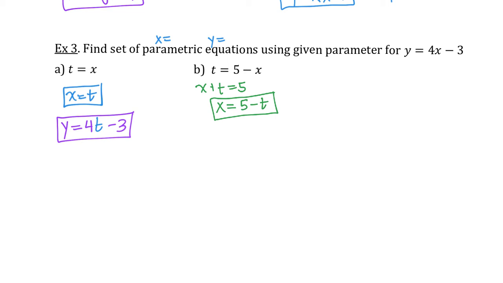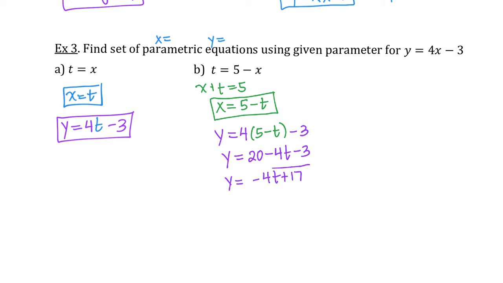Okay, now I want to find the parametric equation for y. And I know that y equals 4x minus 3. So for x, I substitute in my new parametric equation for x. Okay, and now my parametric equation for y is y equals negative 4t plus 17.